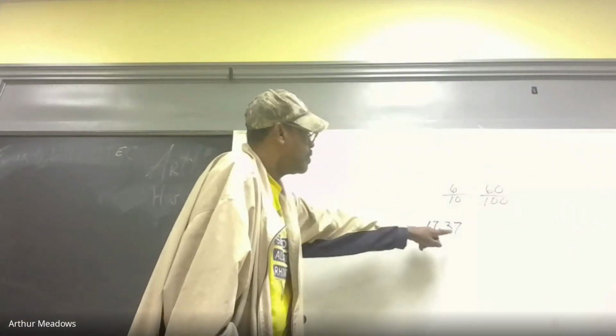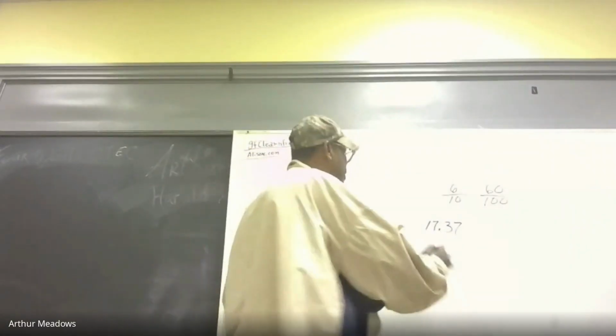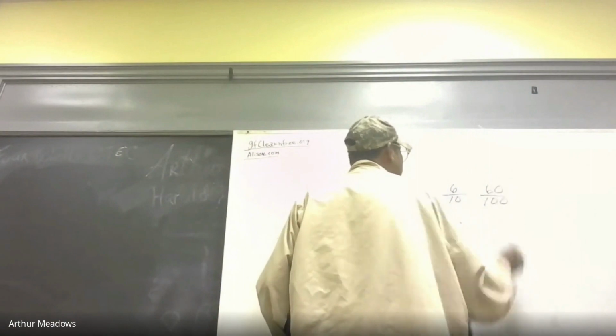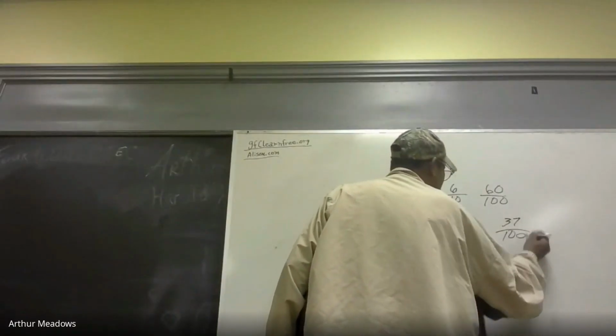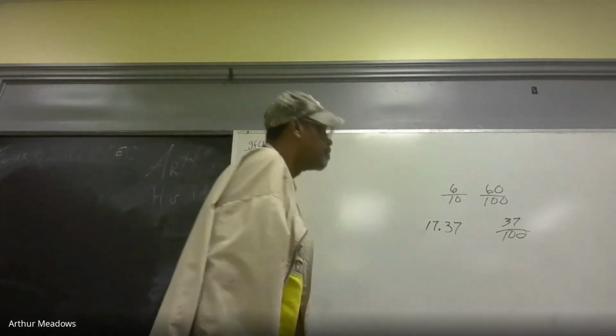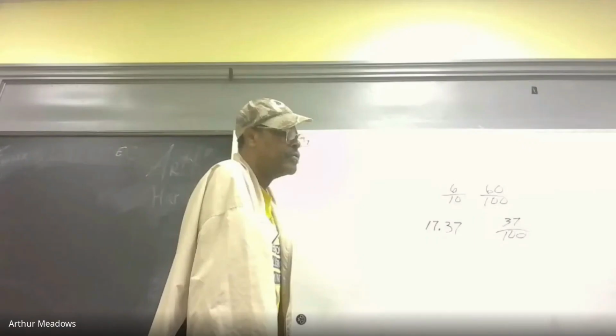No, let's still, because this is in hundreds, like this. Right. 37 over 100. I'm saying the 17.37. If you round it off to the nearest hundred, all it's going to be is 17.4, right? Not to the hundreds. You can't round it off.